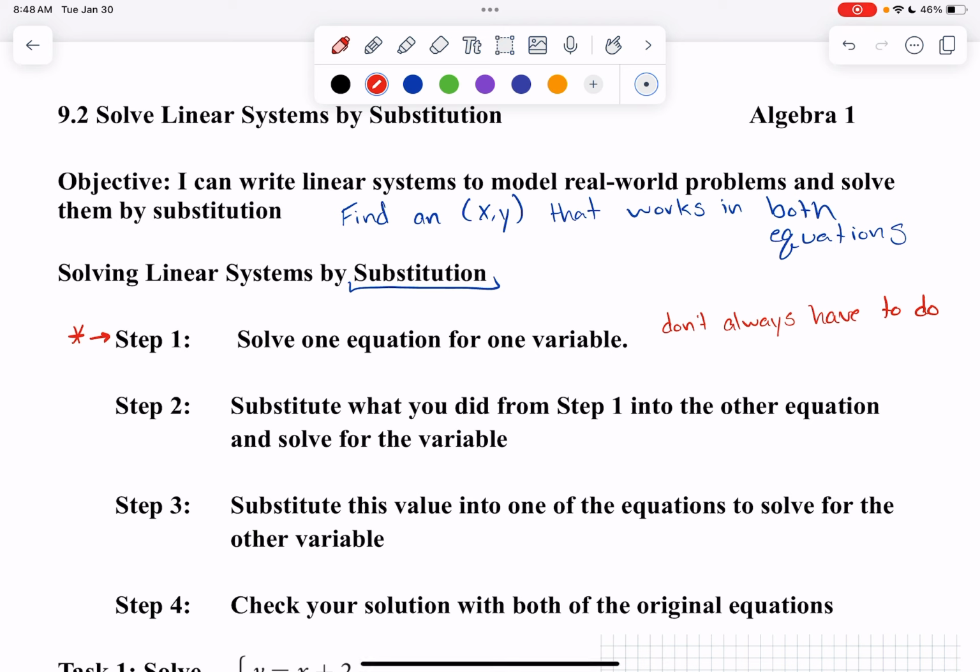Because sometimes one equation is already solved for one variable. And also in this step, some equations are easier to solve for certain variables than the others. So I'm just going to say be careful which equation you choose.